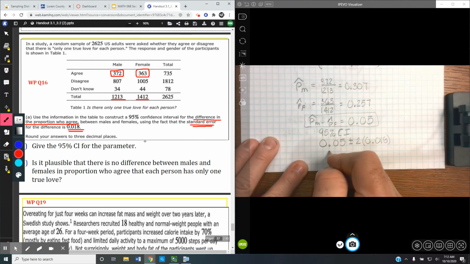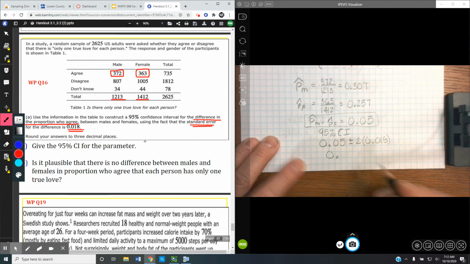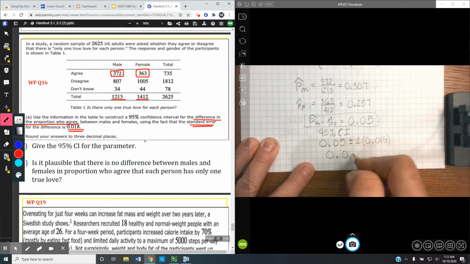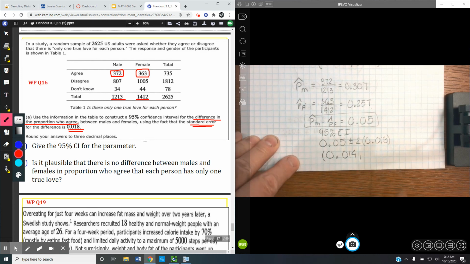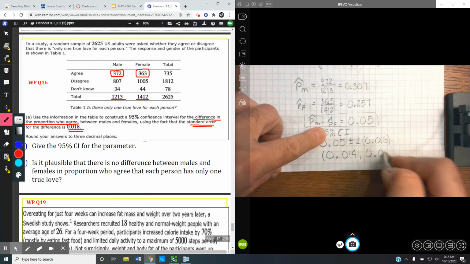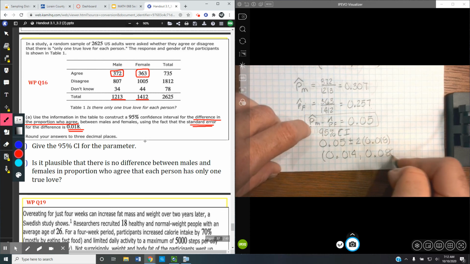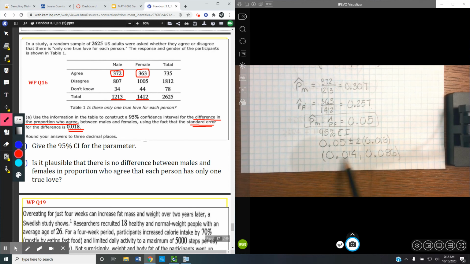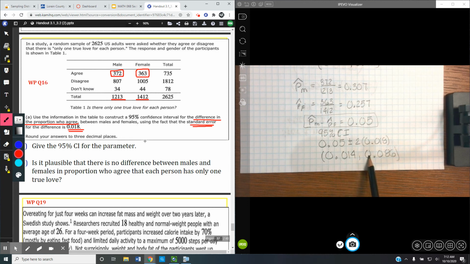So I have a value of 0.014. There's my lower boundary of my confidence interval. And I have 0.086 for my upper. Somewhere between here and here is what we feel will happen in the true population parameter.